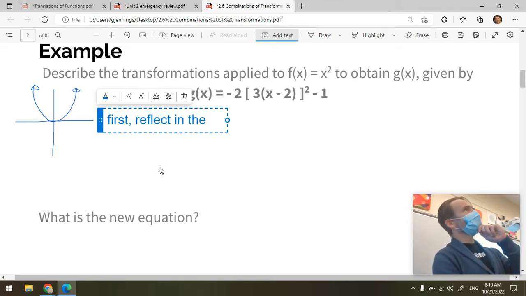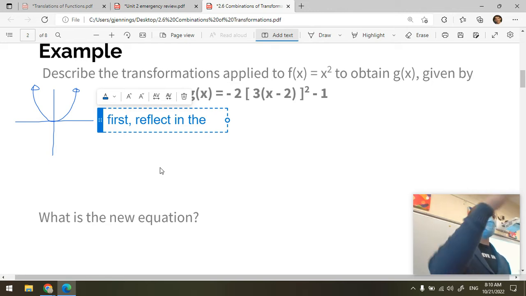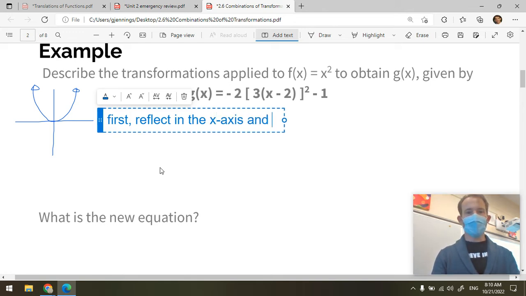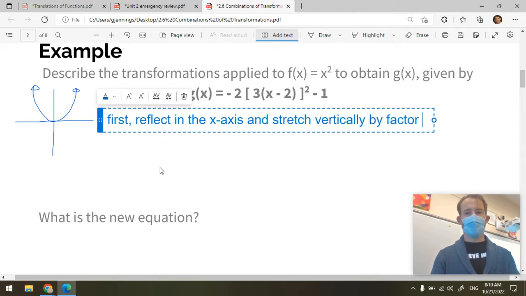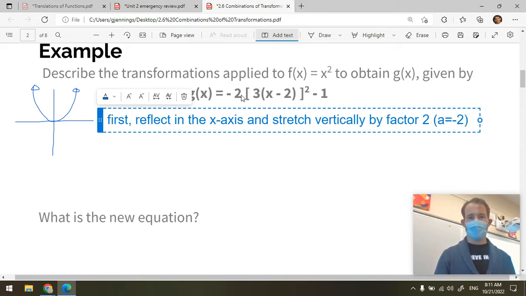I can't remember. This is the x-axis it's going to reflect in because it's an A transformation. It changes your y values. Reflect in the x-axis and stretch vertically by factor 2. Okay, and that's a result of A equals negative 2. That's the number that's doing this transformation, this negative 2 right here.